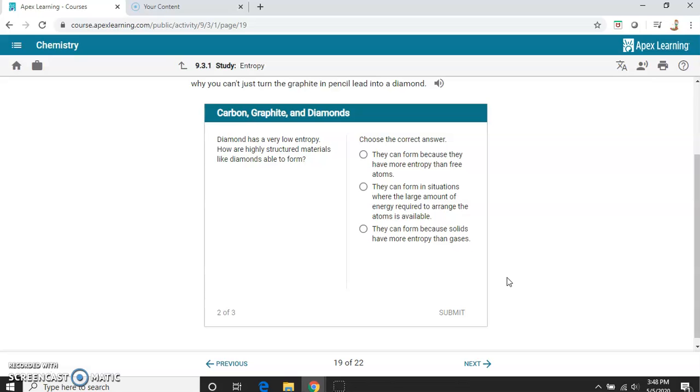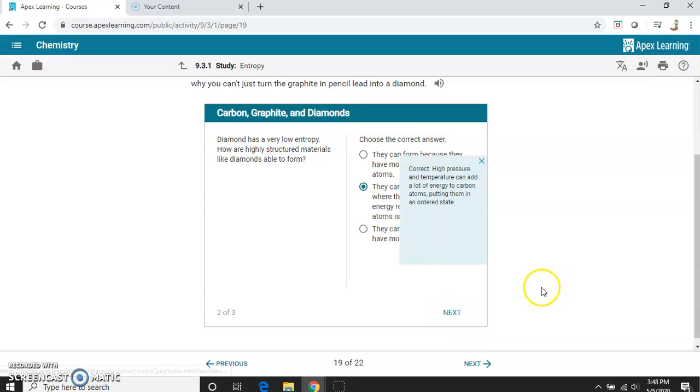Well, the idea is you need a large amount of energy, high energy, heat and pressure. This is coming from Earth systems and metamorphic rock. You need heat and pressure. So you need something more than just the arrangement. High pressure and temperature can add a lot of energy to put them into the ordered state.